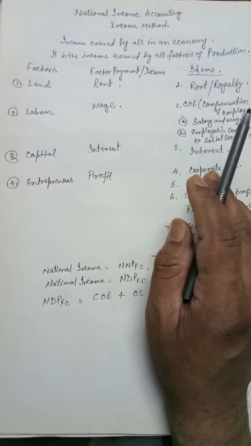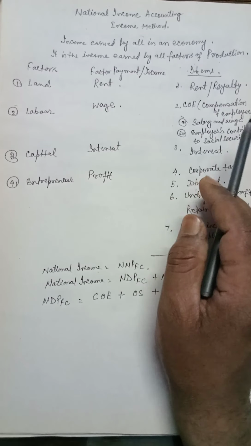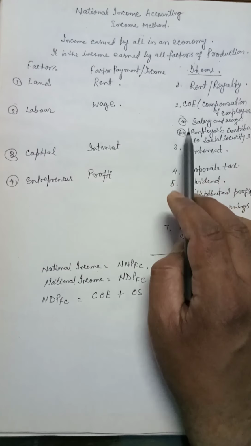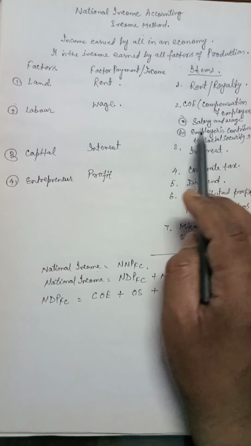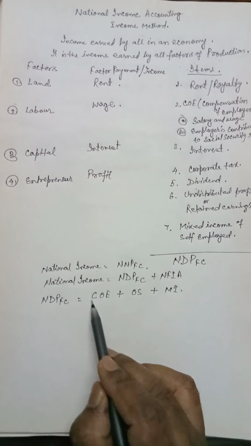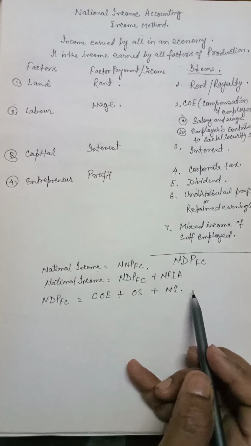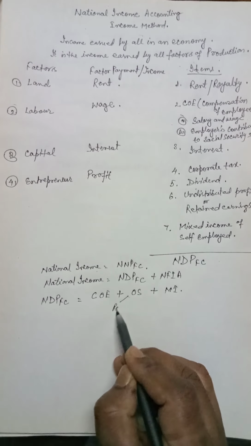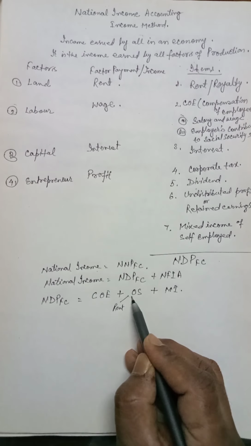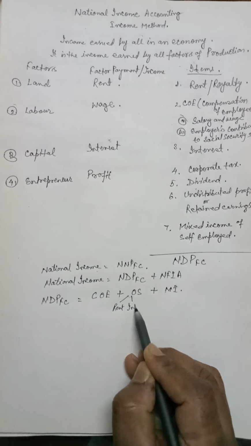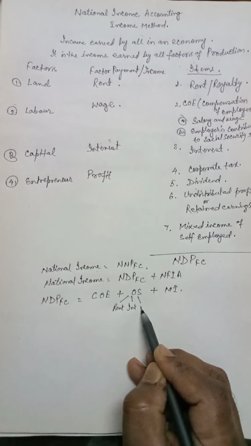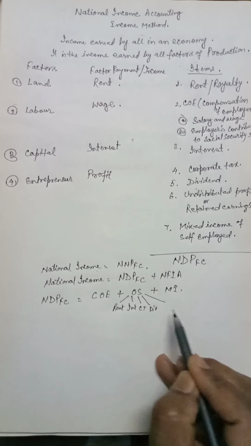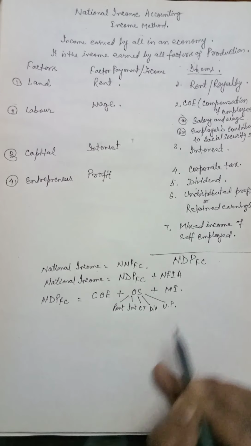We don't need to include house rent allowance, leave travel allowances, not all these things, but your question will try to know your concept up to this level only. Here COE plus OS plus MI, whereas OS includes rent, interest, corporate tax, dividend, and undistributed profit.